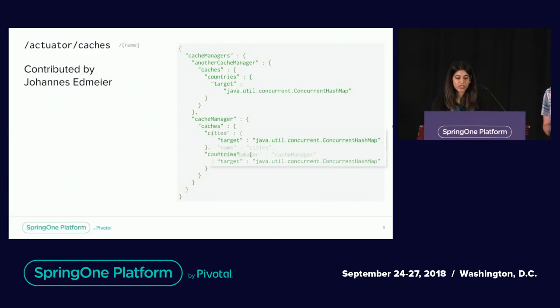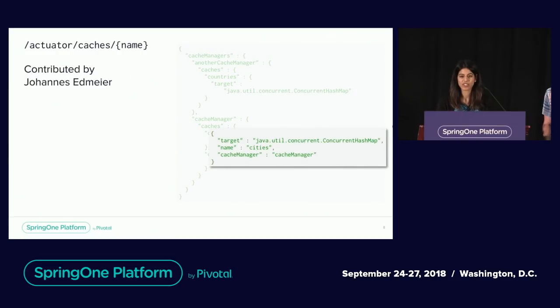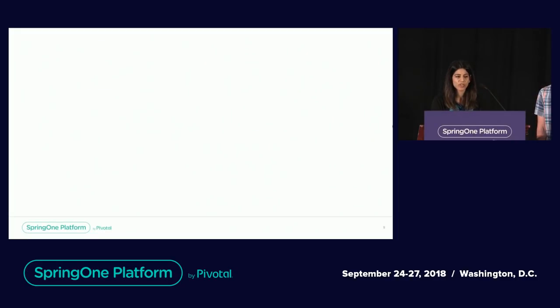You can also retrieve caches using the cache name. So if you want to just get a single cache, you can do that using the name of the cache. Here you'll be able to see the target, the name, and the cache manager for that particular cache. The caches endpoint also lets you evict from caches, so you can delete from all the caches, or you can delete from a particular cache.